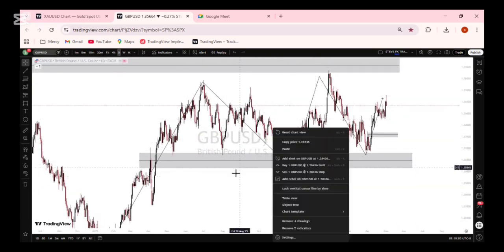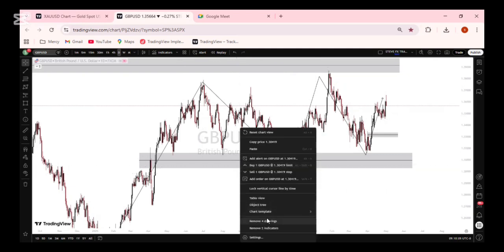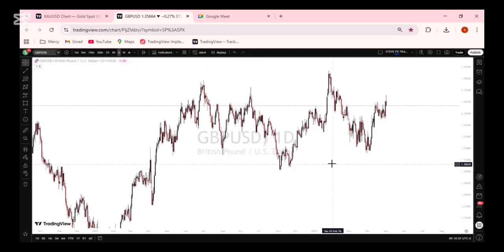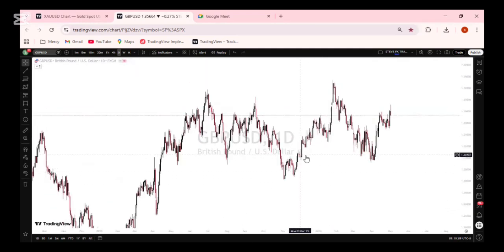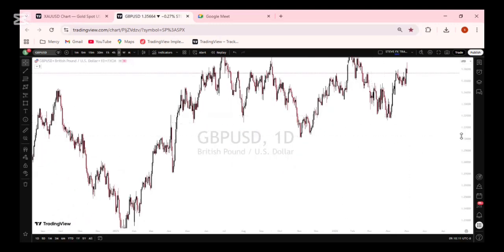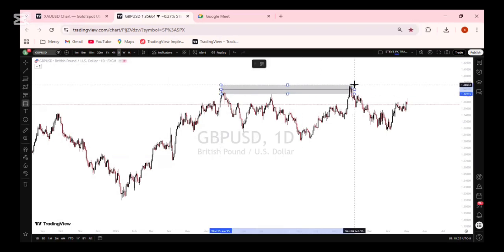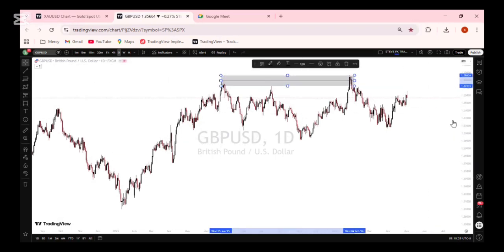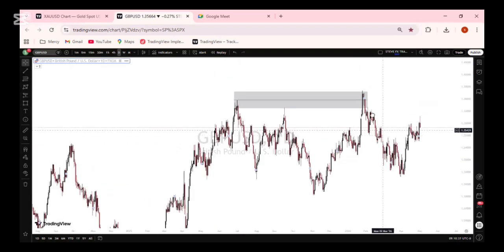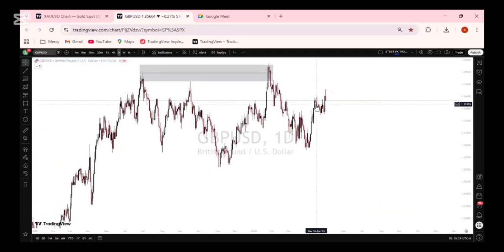on our daily time frame, the market got into this point, and then we had the rejection from that particular point.